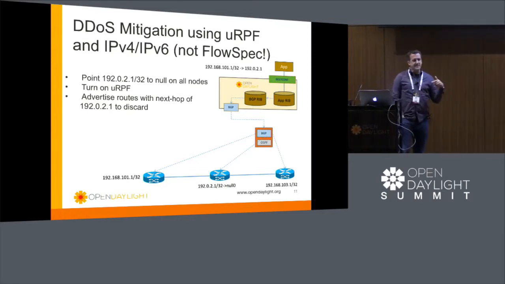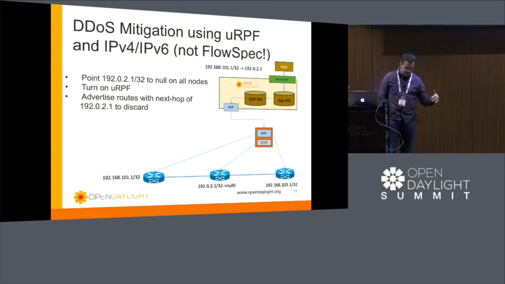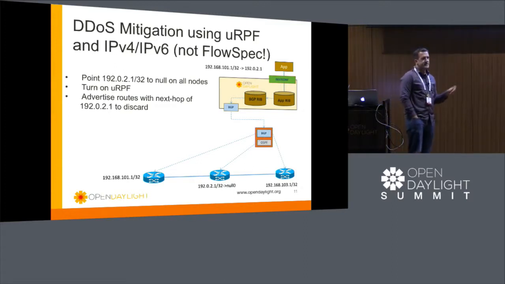Then you can advertise a route, a /32 that matches, for example, the bad actor, or it could be a whole prefix you want to take out. You advertise that and point it at 192.0.2.1, which is by convention what you use as a black hole in routing. And then on your various routers, you'd have that tied to null 0.